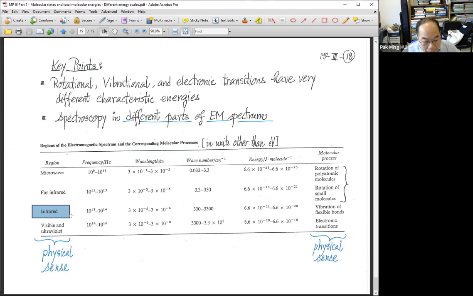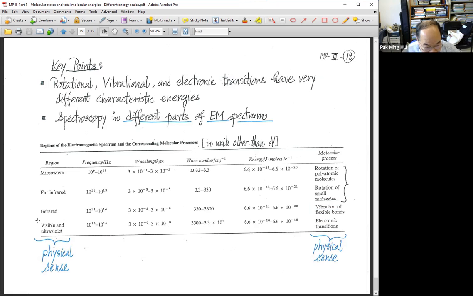Next, going up in eV, it is infrared, then you start going into the boundary of visible. So it is 10 to the 13, 10 to the 14, this is the wave number, and it is related to vibrational motion of flexible bonds, meaning the K is rather loose and it could vibrate readily.